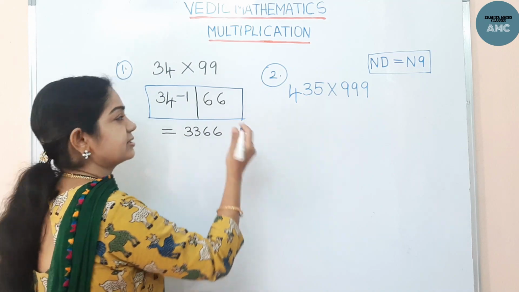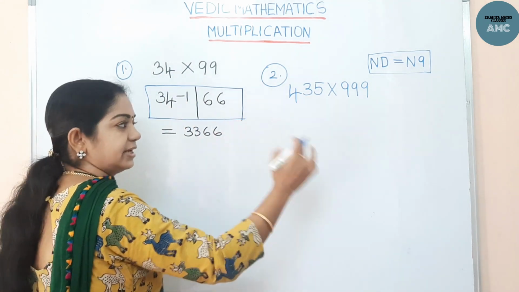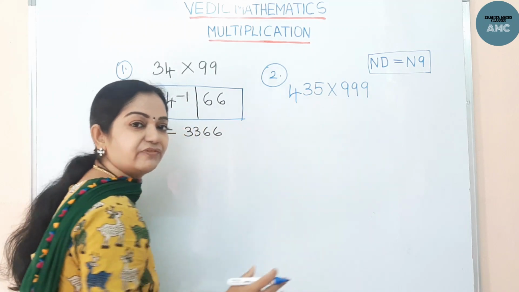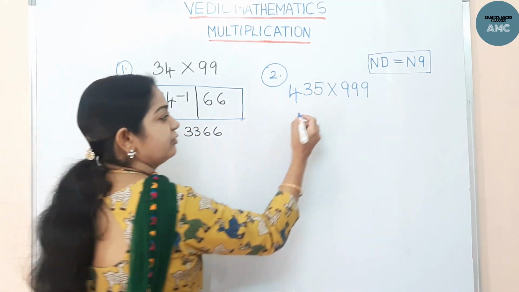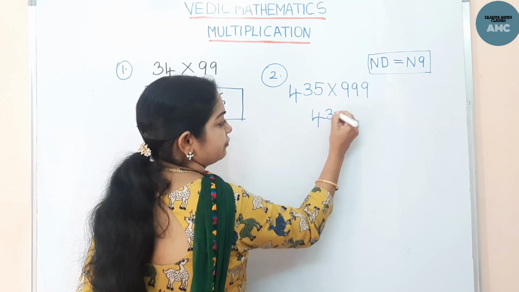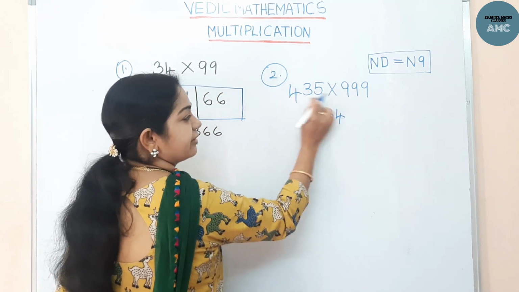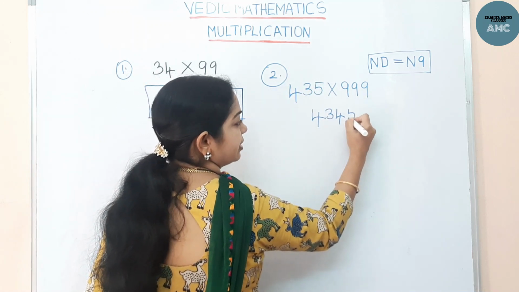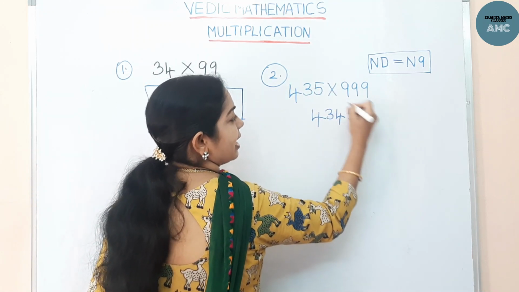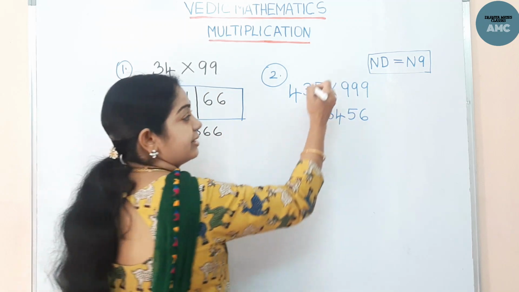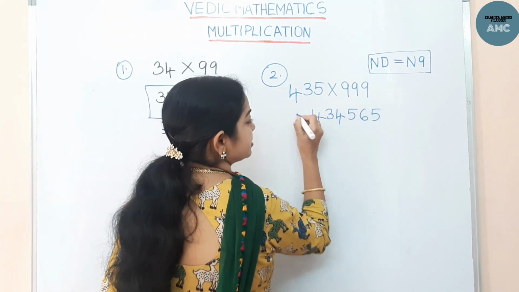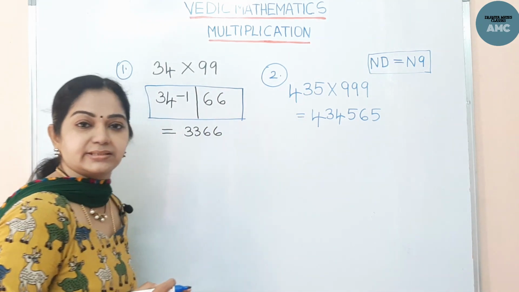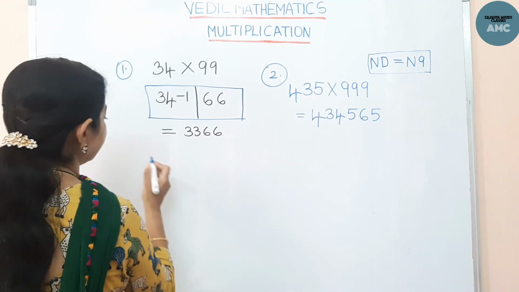Now here, no need of writing in two parts; directly we will write. The first part: we have to decrease 1. 435 minus 1 is 434. Then we have to do all from 9, last from 10. So 9 minus 4 is 5, 9 minus 3 is 6, and for the last number, 10 minus 5 is 5. So simply the answer is this. In 3 seconds you can get the product.